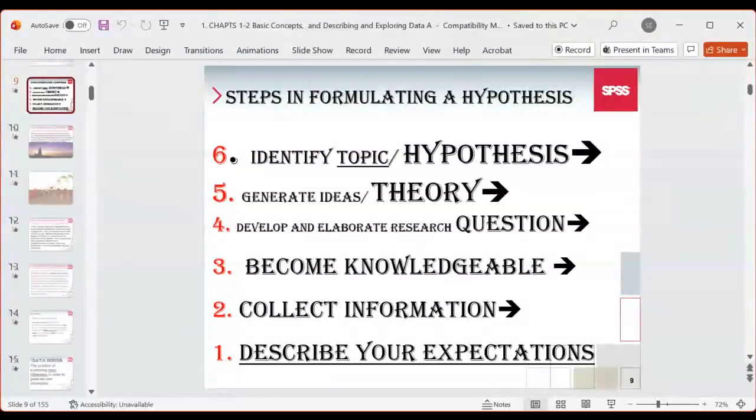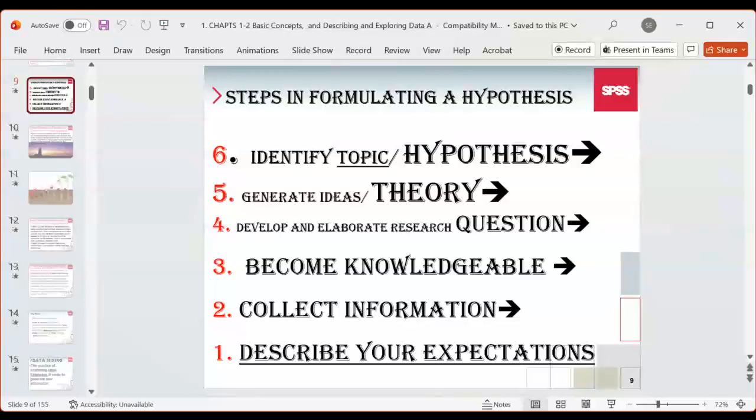Anyway, so you need to know, this is your dissertation. You describe your expectation. What are you expecting yourself to do? Then you start collecting information regarding your topic. Then you become knowledgeable. Like I said, if you're working, then I'm sure you are knowledgeable about the work that you're doing. Develop and elaborate a research question. Then ask yourself, what is it that you're trying to do or measure? That gives you a theory. Again, theory is a theory.